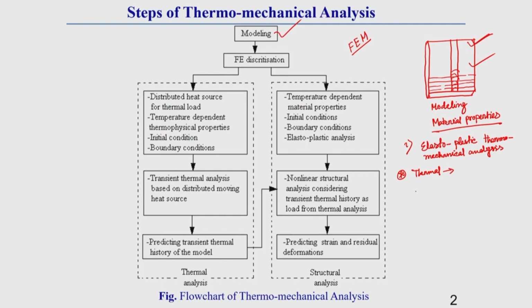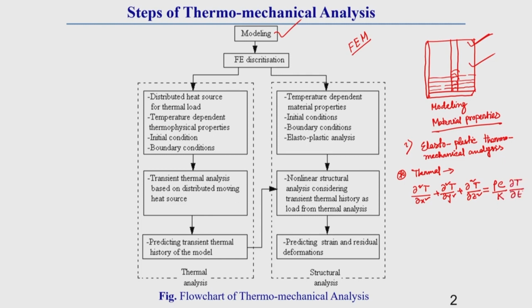For an isotropic material, it looks like: del 2 T by del x square plus del 2 T by del y square plus del 2 T by del z square, for the 3 dimensional case, equal to rho c by k times del T by del t.